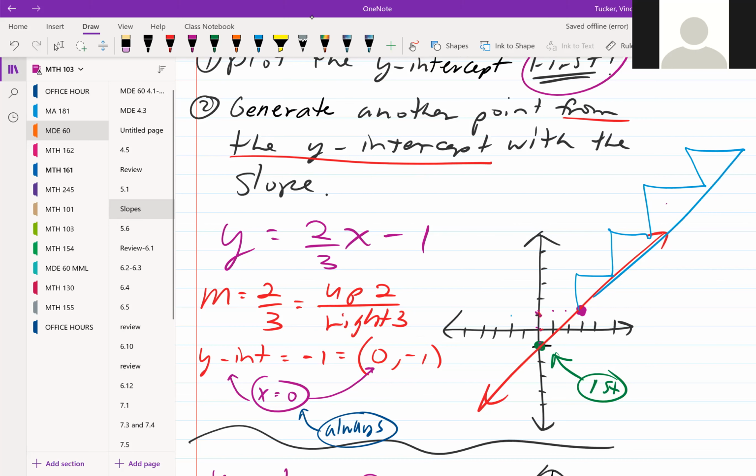I see where that came from, and then the purple dot is your directions to go up 2 and right 3, and then that creates the line, and then you just connect those 2 points and then continue it on, and then those 2 directions continuously would get you just continue points on that line.